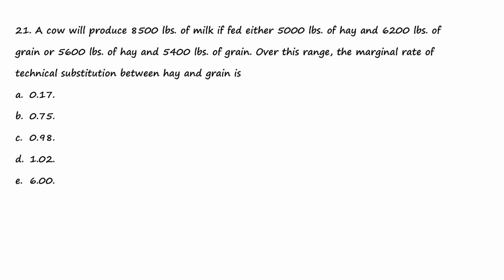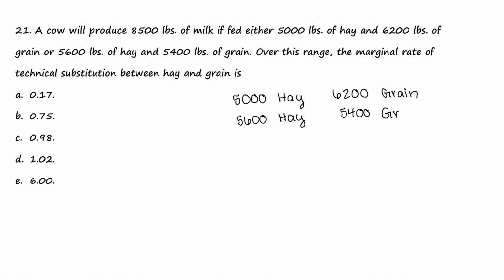Question 21 says a cow will produce 8,500 pounds of milk if fed either 5,000 pounds of hay and 6,200 pounds of grain, or 5,600 pounds of hay and 5,400 pounds of grain.